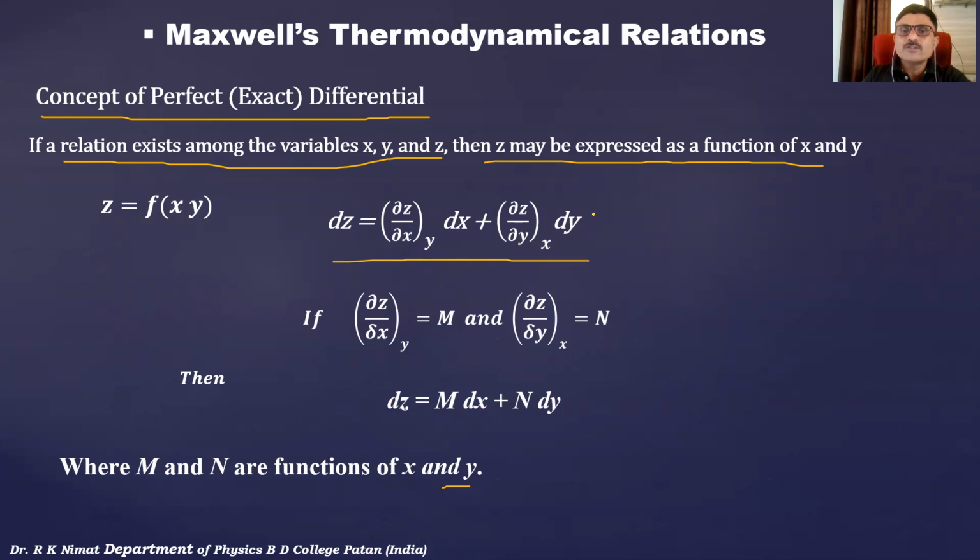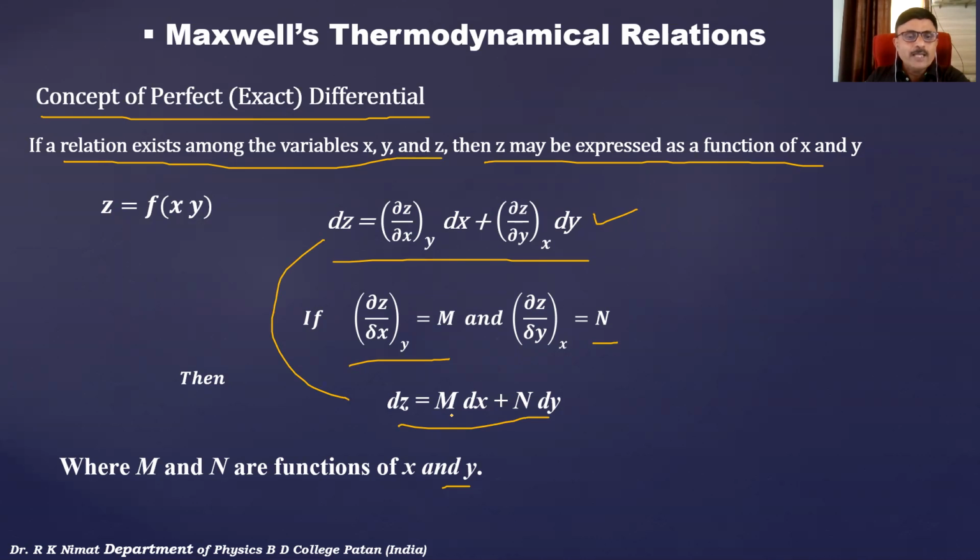Now, if we assume that ∂z/∂x at constant y is equal to M, and ∂z/∂y at constant x is equal to N, then this equation becomes dz is equal to M dx plus N dy.